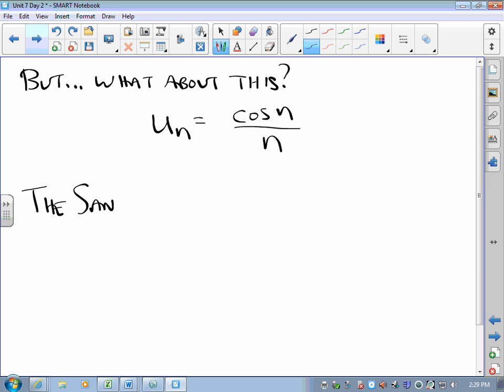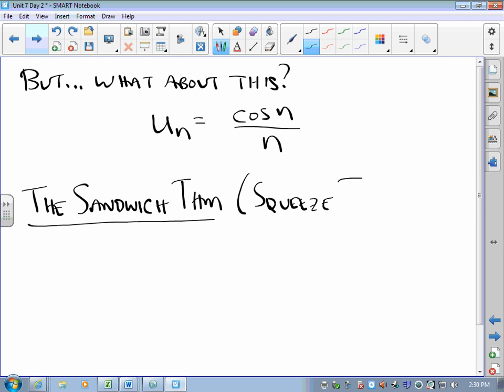we need a theorem. This is called the Sandwich Theorem. It is also sometimes called the Squeeze Theorem, depending on who writes the book. And it goes something like this.